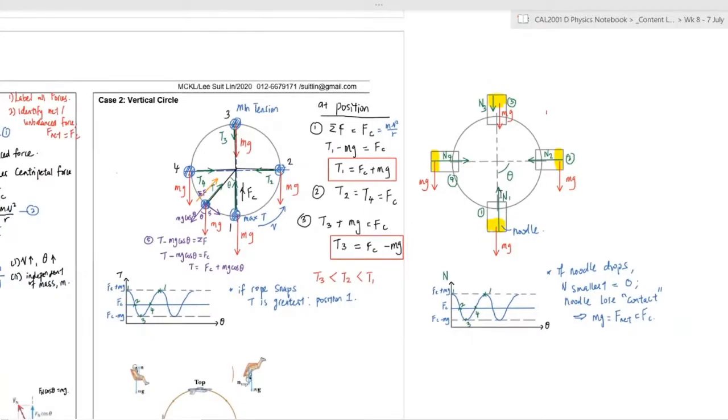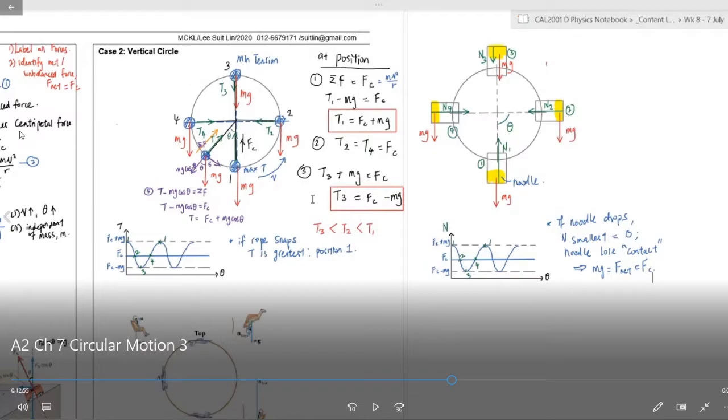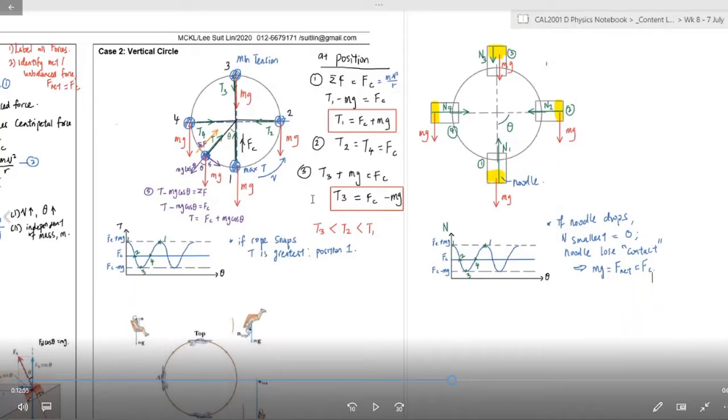In other words, you can think about it like a form of weightlessness. At this position, instead of the weight pulling you down, what you are experiencing is actually the weight providing you the centripetal force necessary to move in a circle.